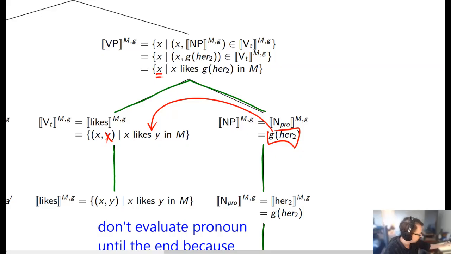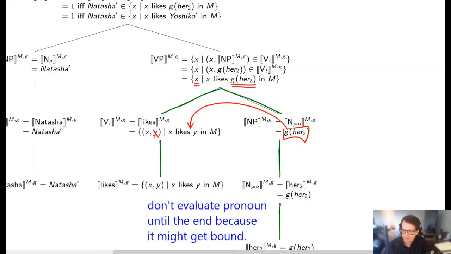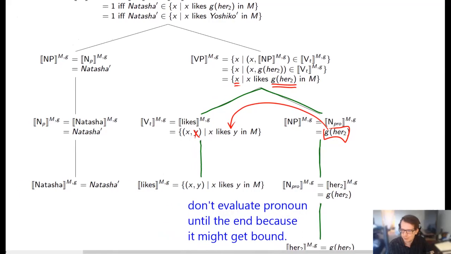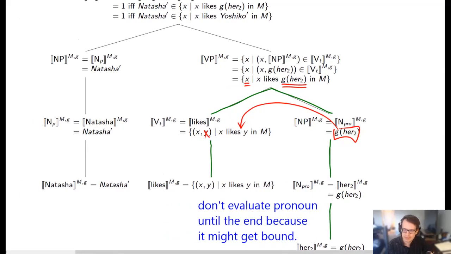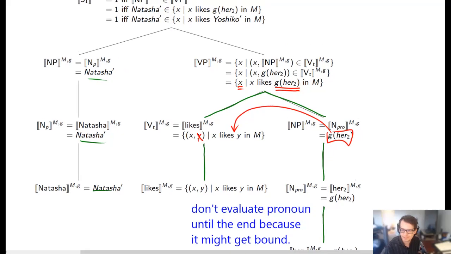Now we're looking for the set of x such that x likes G of her two and m. Same as before, but now there's no proper name there. It's just a pronoun. Now we put in the subject Natasha. Natasha prime goes up as the subject.